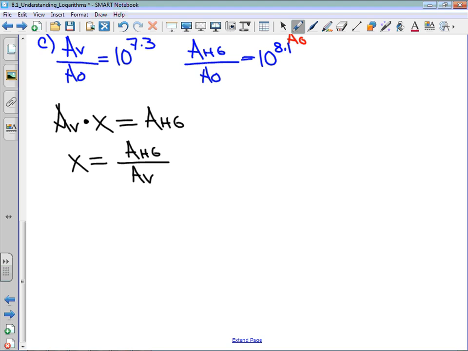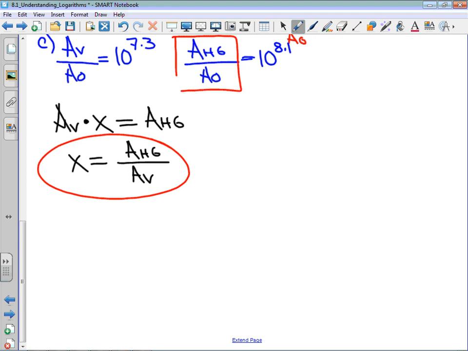Now, the way that I'm going to do this is I'm going to manipulate what I just circled in red to actually contain these two expressions. And the way that I'm going to do that is something that you've done again and again in math classes, which is to take that fraction and multiply the top by 1 over A naught and multiply the bottom by 1 over A naught.